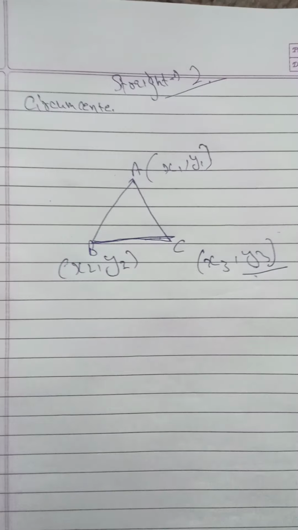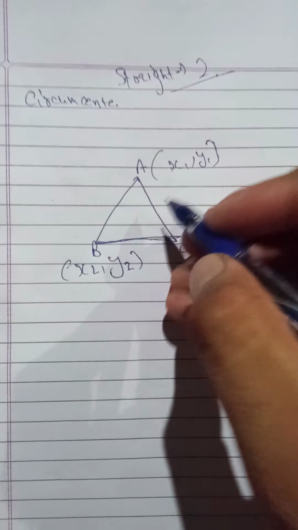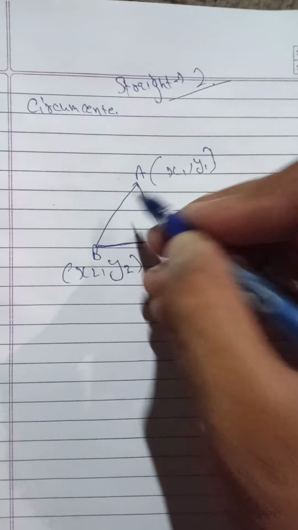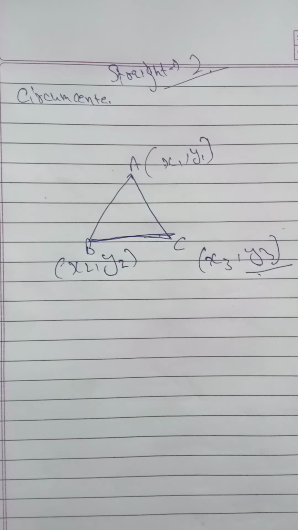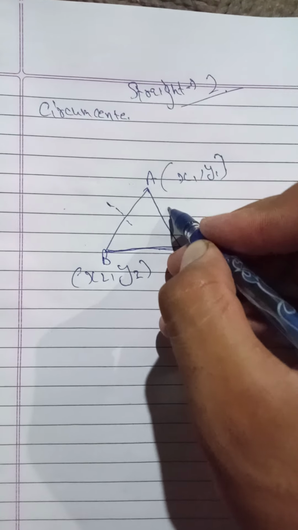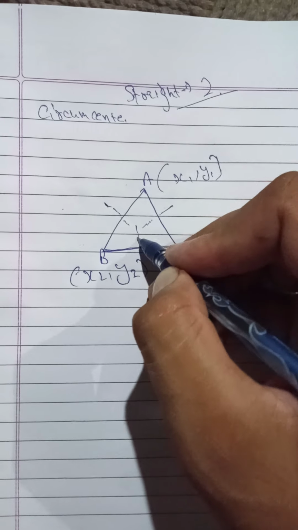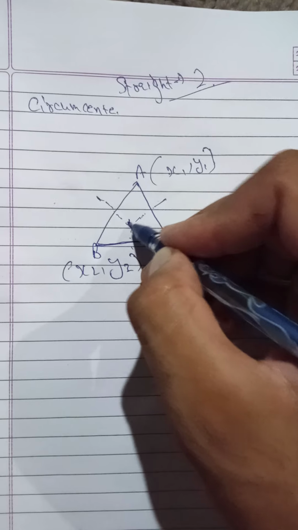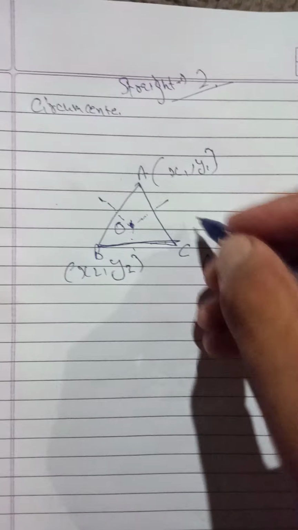The circumcenter will be the intersection of the perpendicular bisectors of the sides, meaning the perpendicular bisectors of AB, AC and BC meet at a point denoted by O.